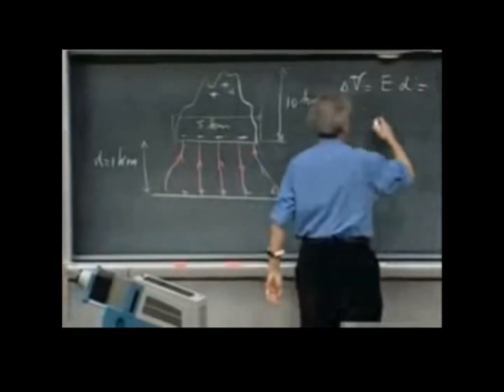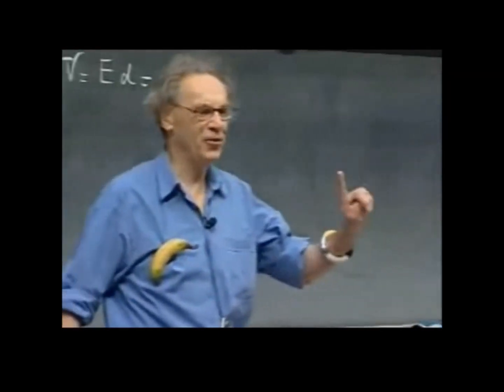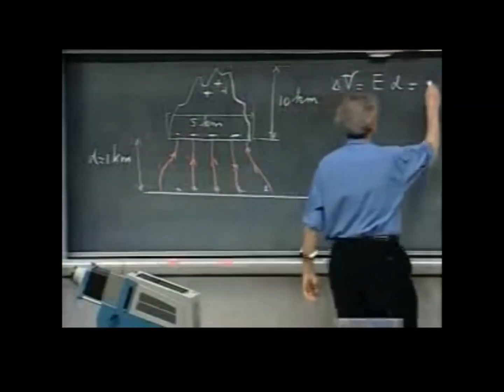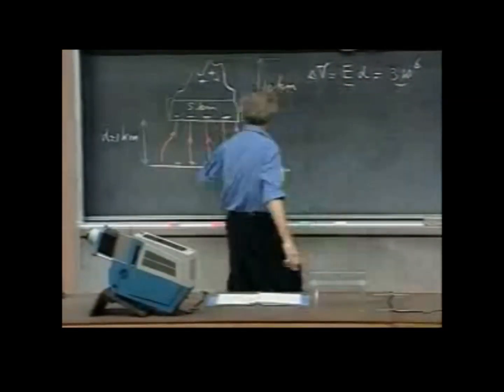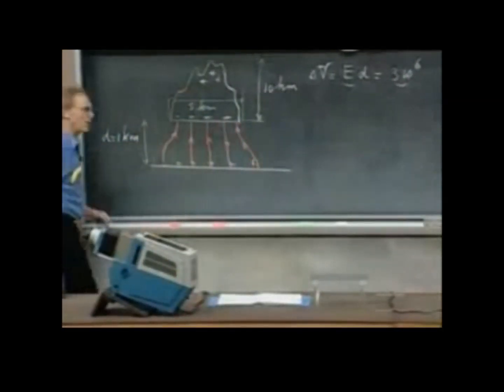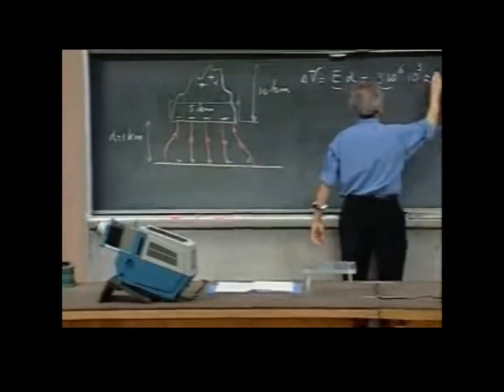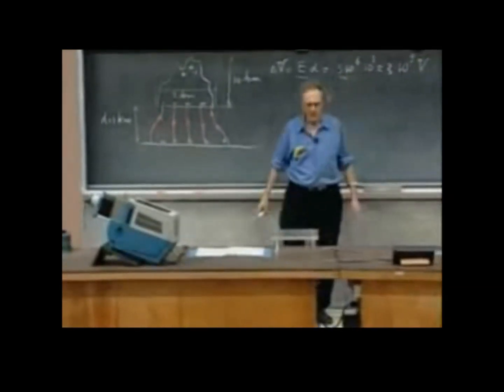The breakdown occurs at 3 million volts per meter, by the way, that's dry air. When there's a thunderstorm, it's probably not so dry. But let's take the 3 million volts per meter. So we get 3 times 10 to the 6 for E. And the distance between the cloud and the Earth, let's take 1 kilometer, so that's 10 to the 3rd meters. So we get of the order of 3 billion volts between the Earth and the cloud.